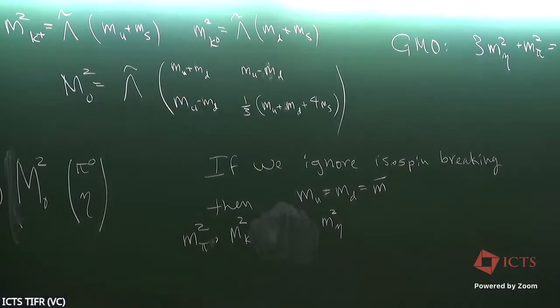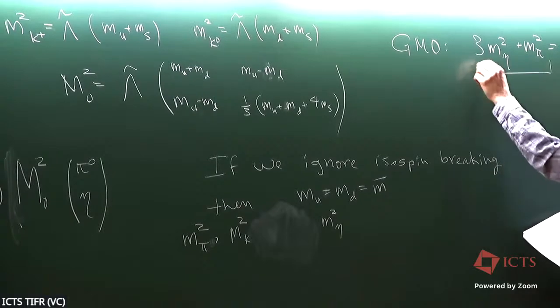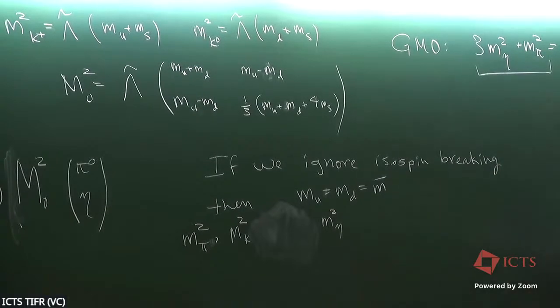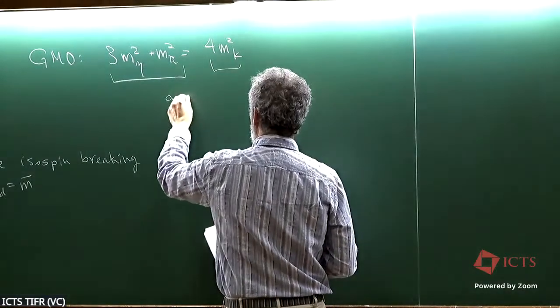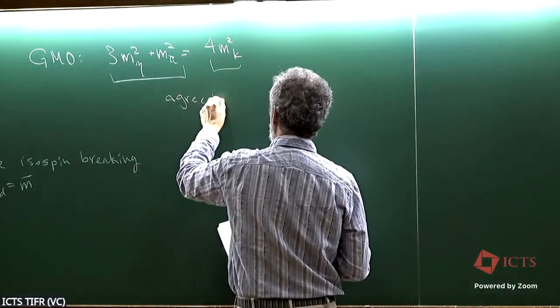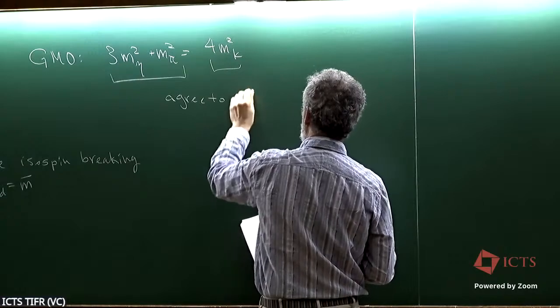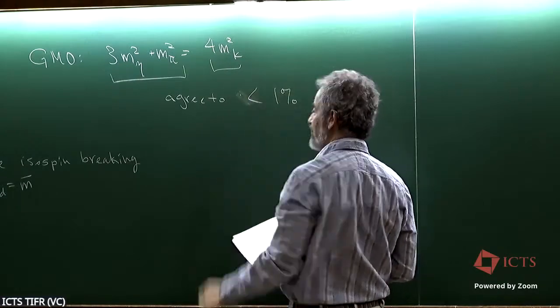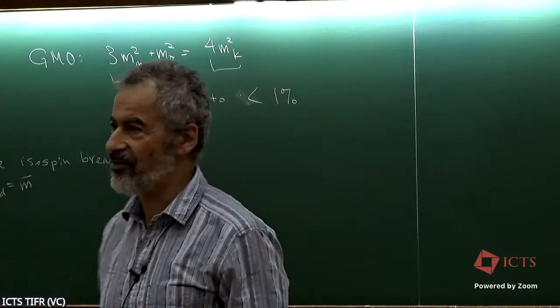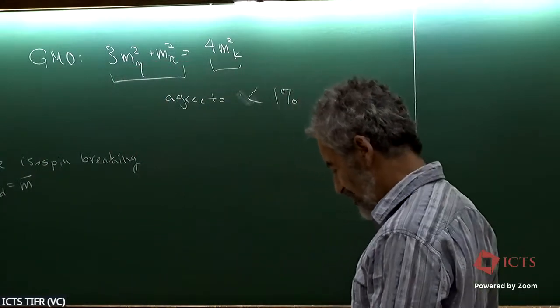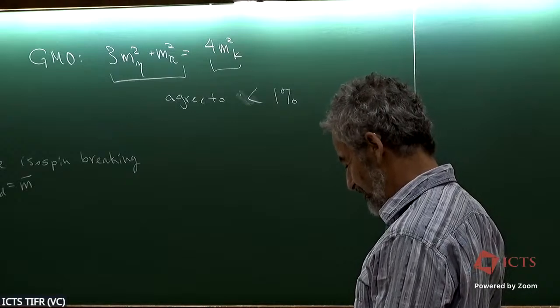If you look up the particle data book, you have to do an isospin averaging over the isospin multiplets. These agree to better than 1%. It was a tremendous early success of SU(3) symmetry.